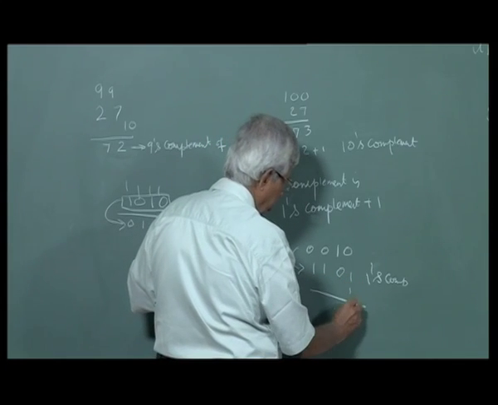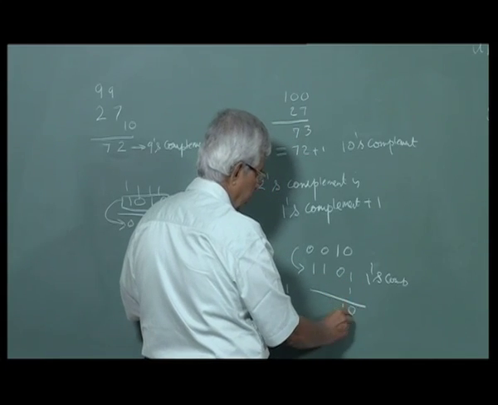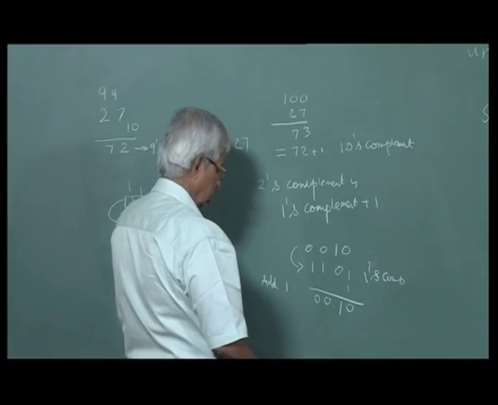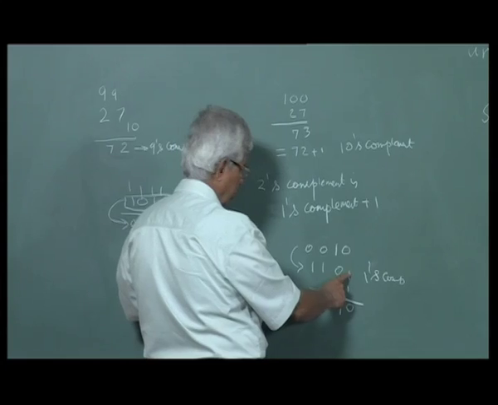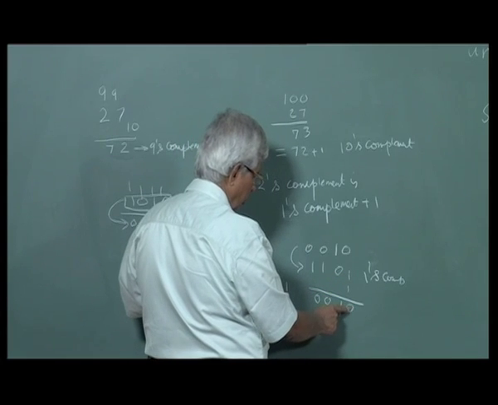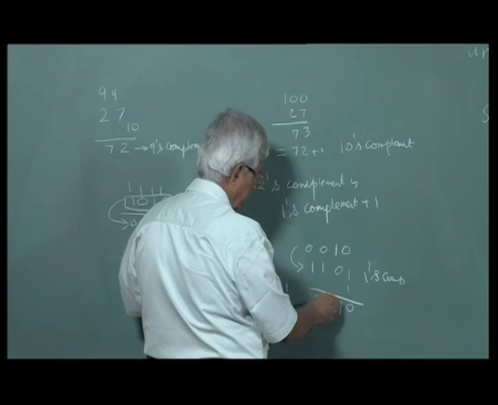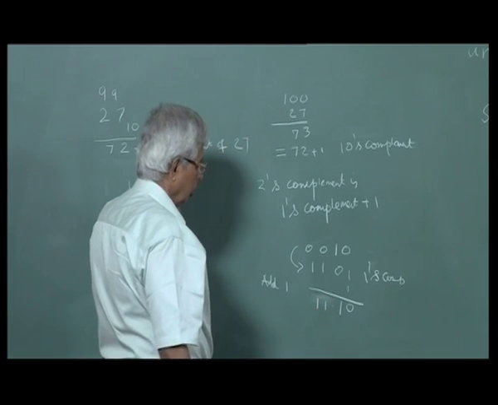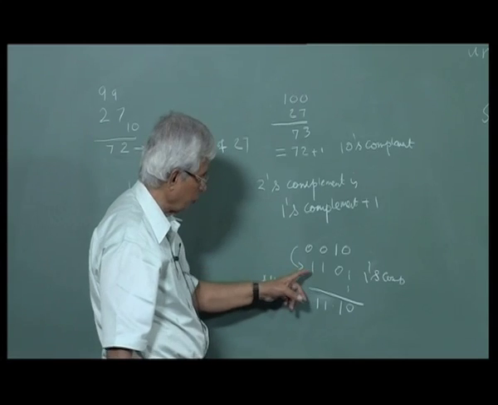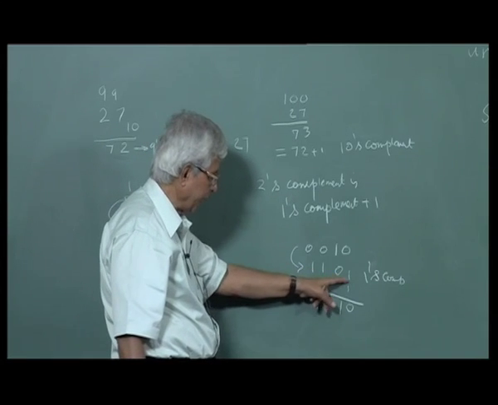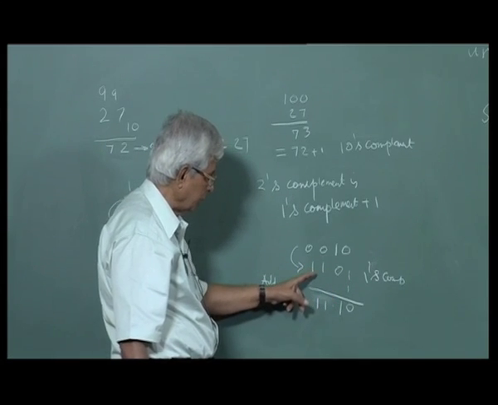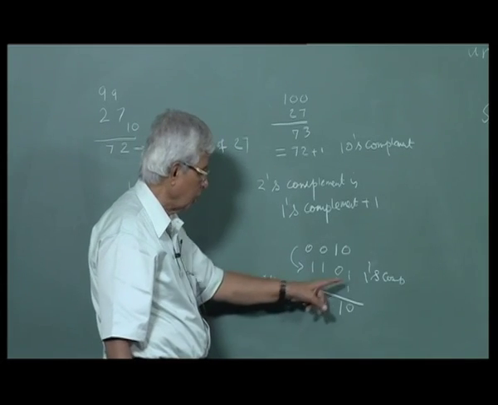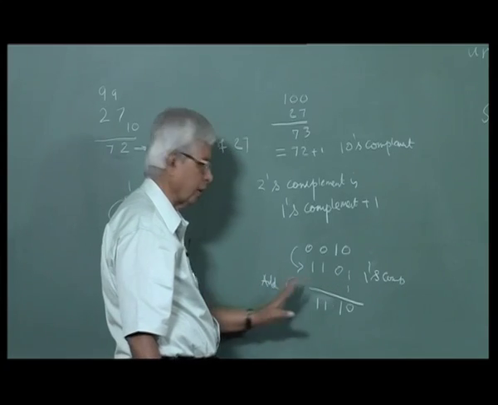This becomes 1 1 1 0. So 1 plus 1 is 0, this 1 goes here, this 1 and 1 come here. So if this was 1101 as 13, this becomes 14. So it's always 1's complement plus 1.